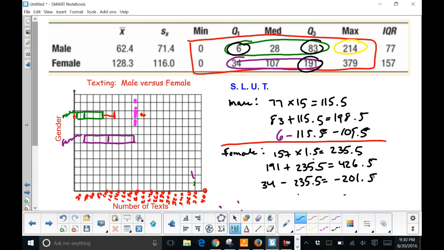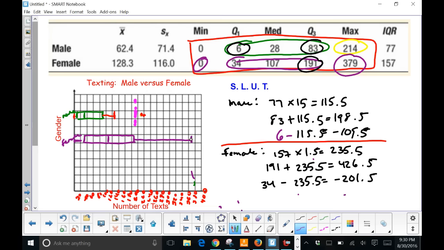Okay, beautiful. Now you can agree that there's no negative scores, so the minimum, which was 0, is the lowest score. And there are no scores above 426 because the maximum is 379. So the tail will go to 379.